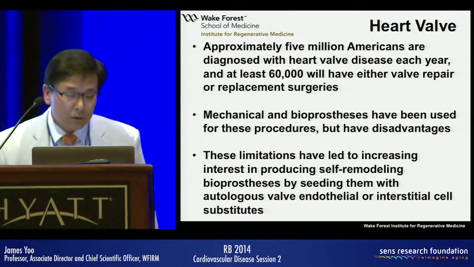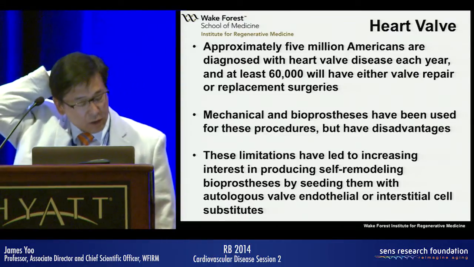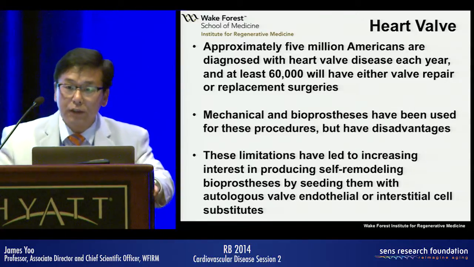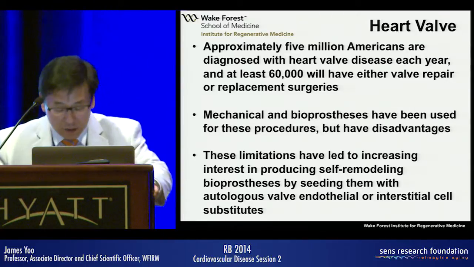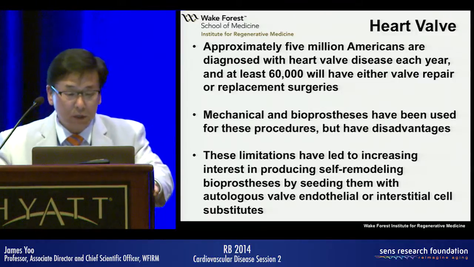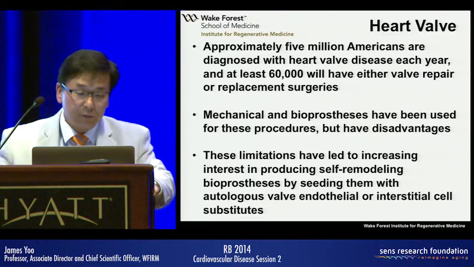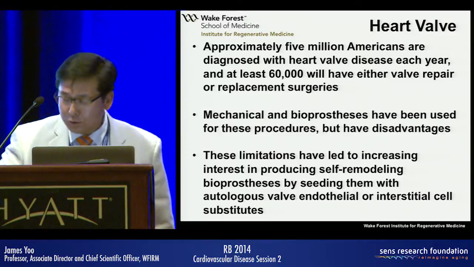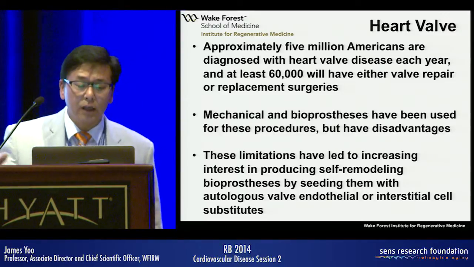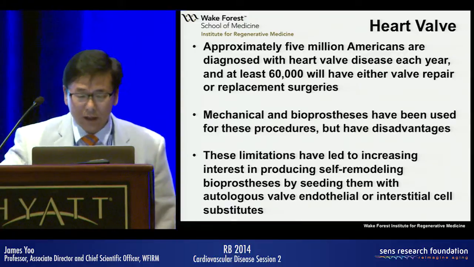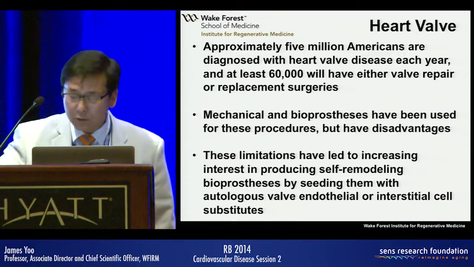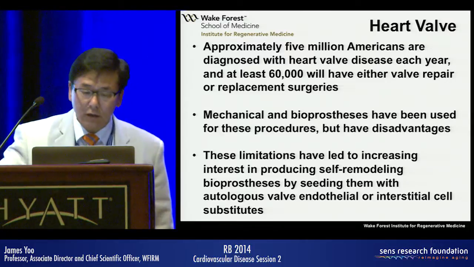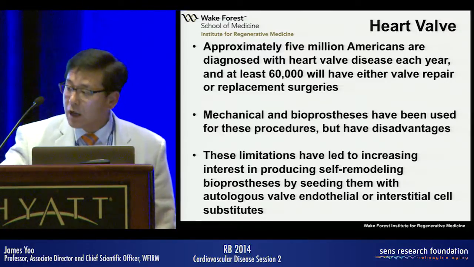Now, heart valve is another important tissue that you see increasing in numbers as people age, and approximately 5 million Americans are diagnosed with valve disease, and at least 60,000 people have valve repair. Now, there are two kinds of heart valves. One is mechanical, and one is bioprosthetic.